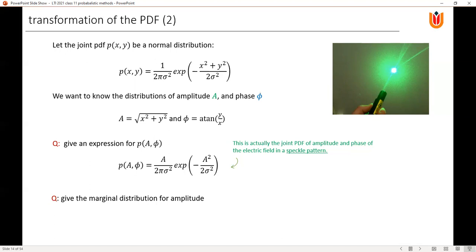Since it doesn't depend on phi, it's just the sum of the boundaries, in this case from 0 to 2 pi. So that would just add a factor of 2 pi, which we can cross out here. So this would then be the distribution of amplitudes only. This is called a Rayleigh distribution.